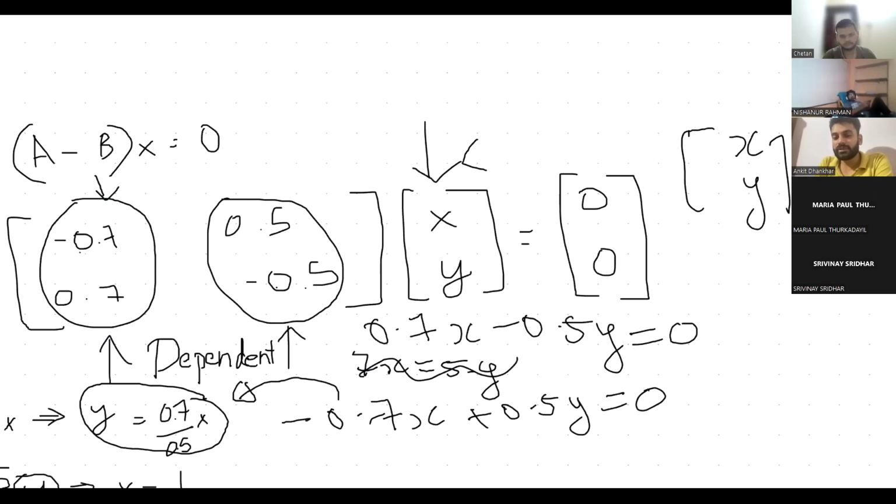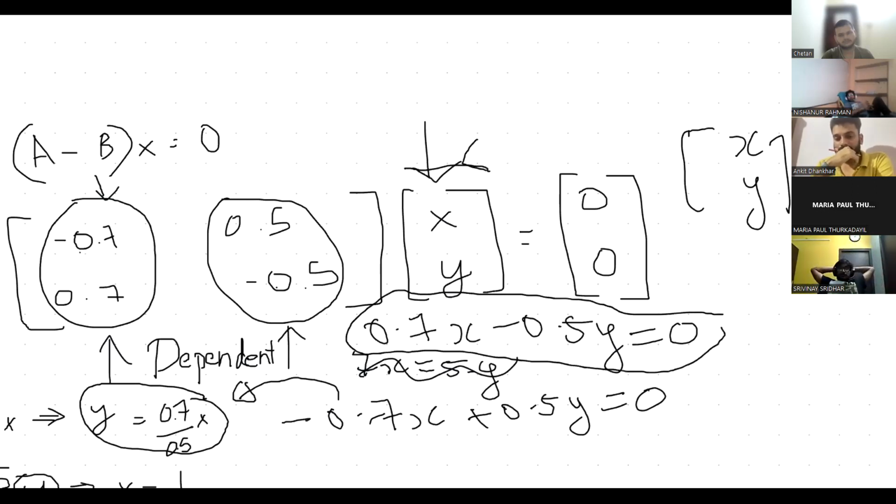When I'm solving it with the help of a calculator, it's showing math error. Yeah, because this system does not have a solution. The only equation that we get from this system is 0.7x - 0.5y = 0.